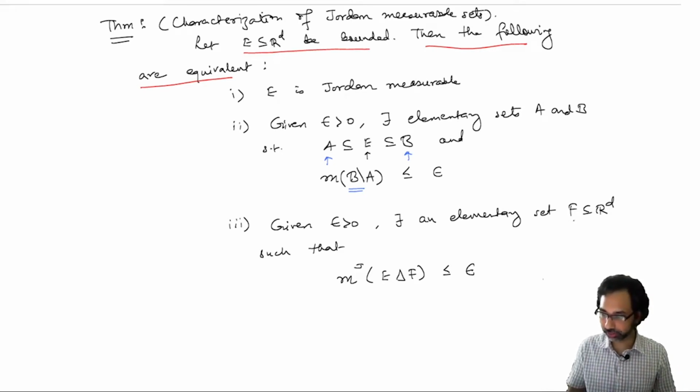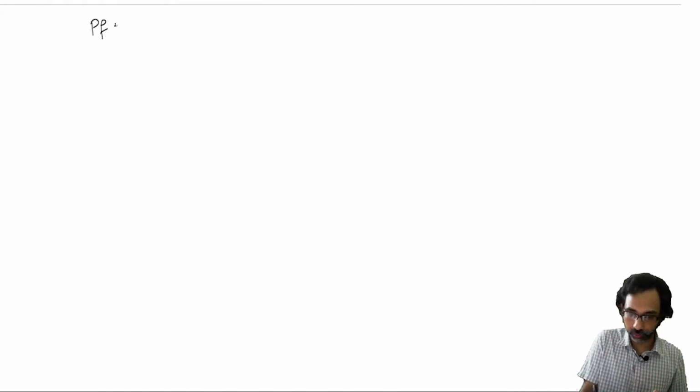Note that this F may not lie completely within E, or may not cover E completely as well. So we take the symmetric difference, but it says that the outer Jordan measure of this symmetric difference is as small as we like. Okay, so let's try to prove this. First we will show 1 implies 2.